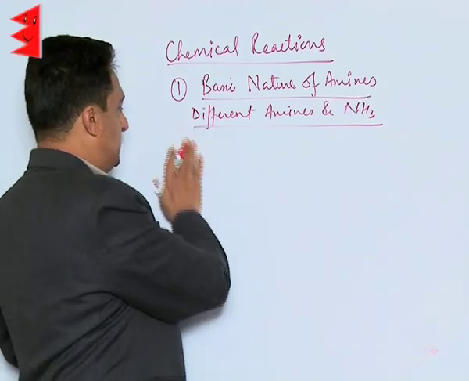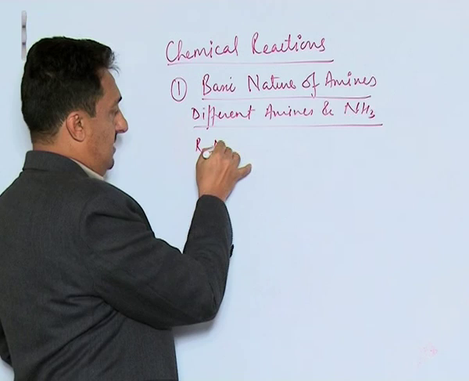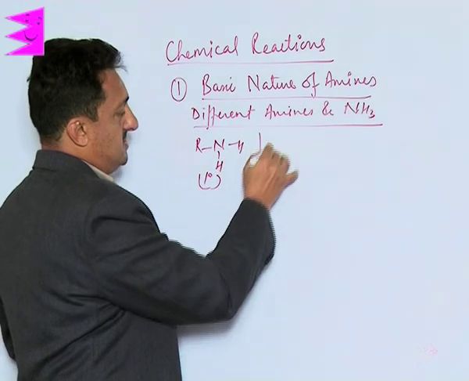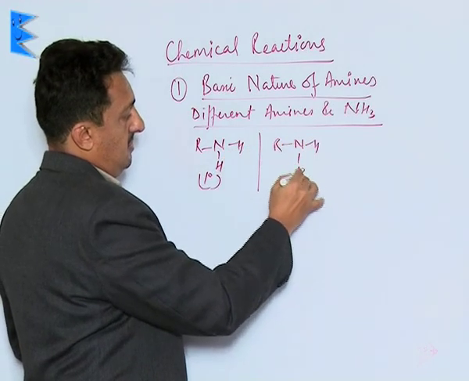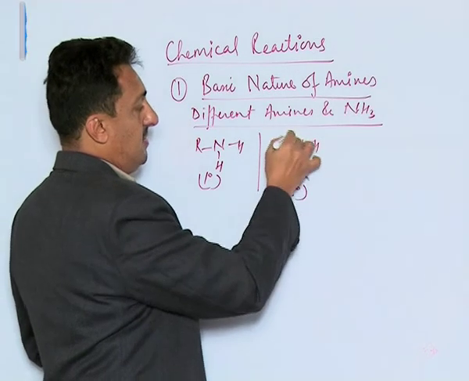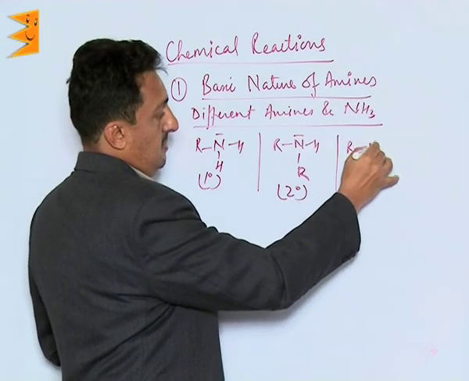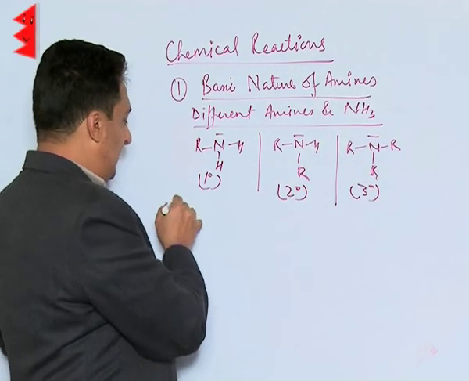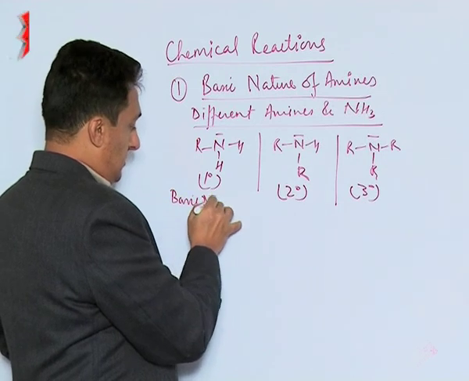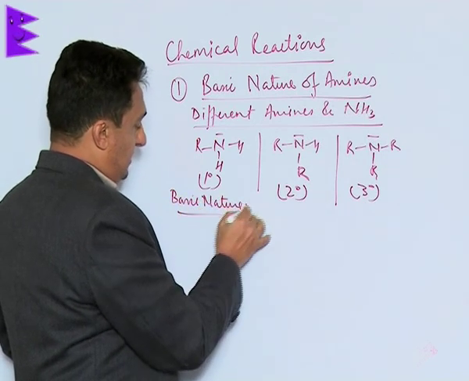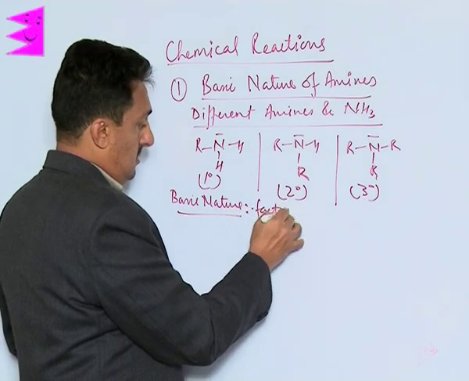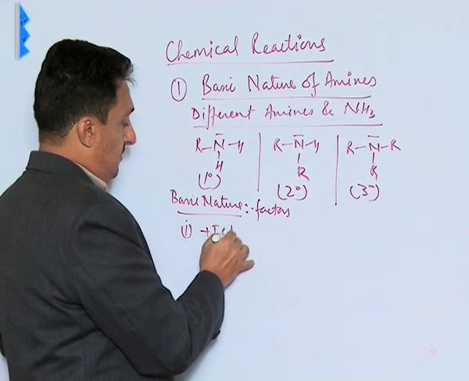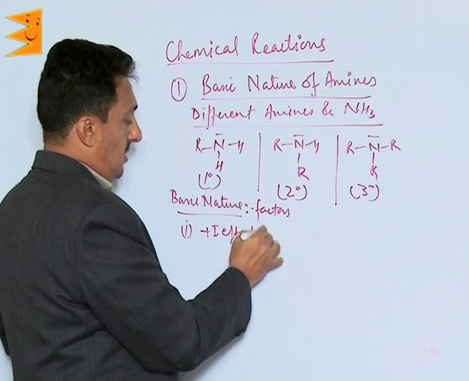See, what you need to know in this case is, this is your primary amines, this is your secondary amines, and this is your tertiary amines. Now the basic nature depends on, the first factor, plus I effect of the R group.